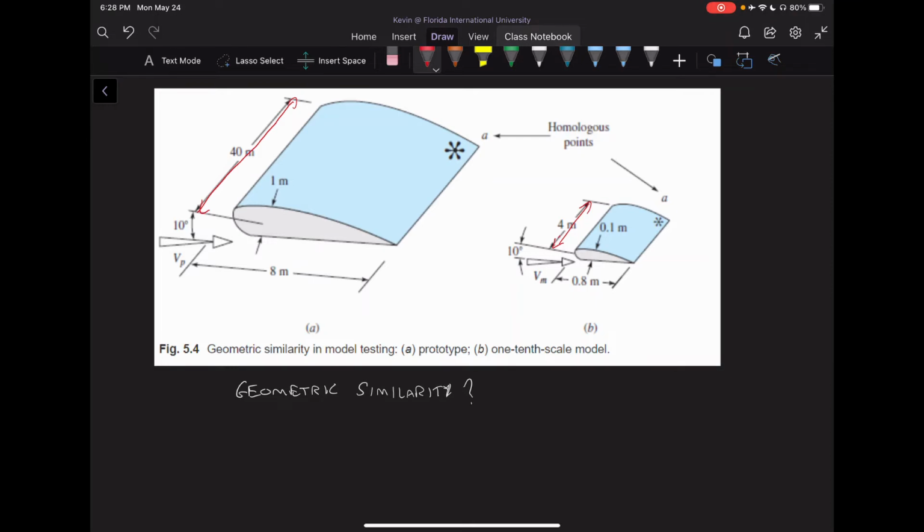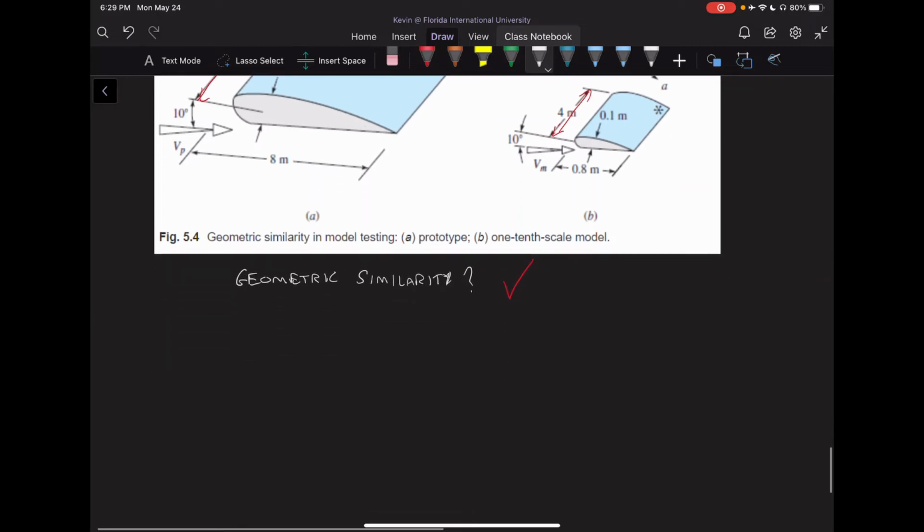And we have to make sure that they're all at the same scale. So in this case, yes, we have geometric similarity because 1/10 is the same as 4/40 and is the same as 0.8 over 8. We have a 1/10 scale model. Okay, so that's what geometric similarity means. And geometric similarity is pretty easy to understand.